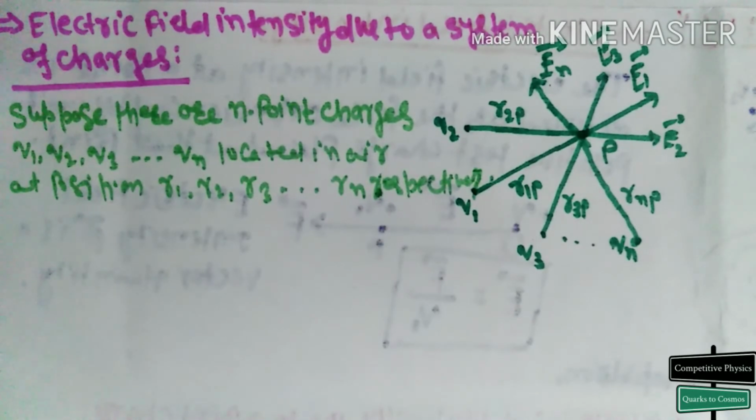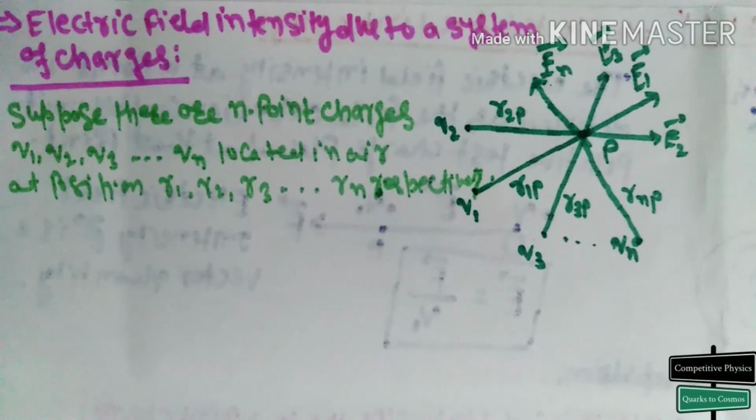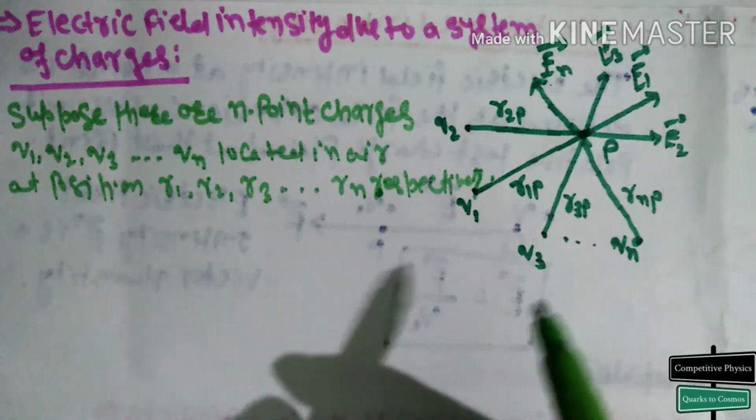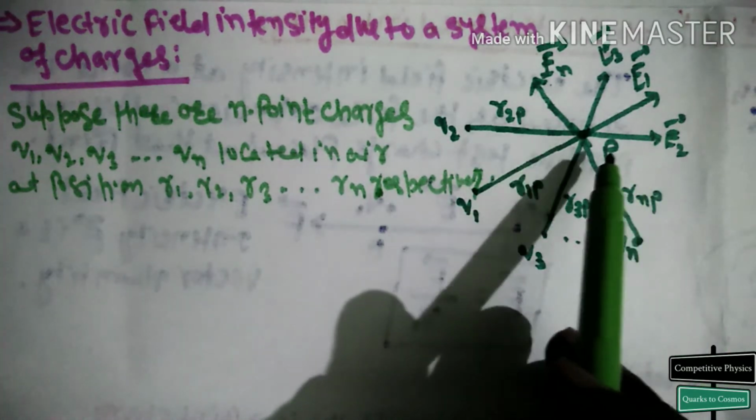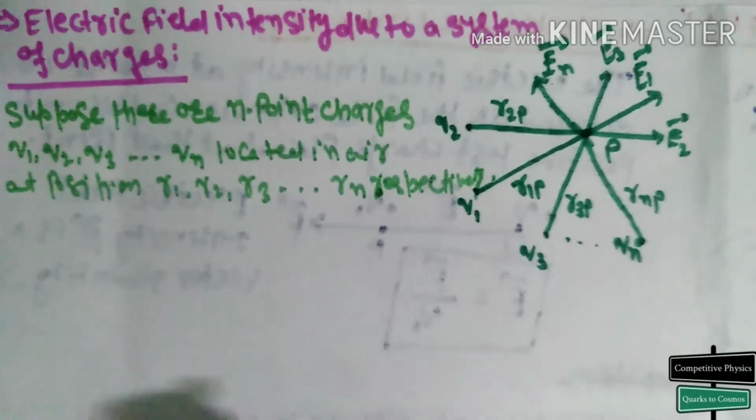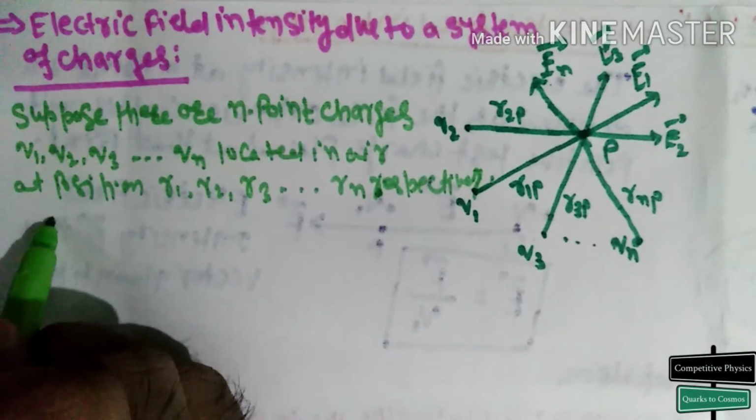Okay, well, so you know that the net electric field E at point P due to all these charges will be the sum of the electric field due to individual charges.